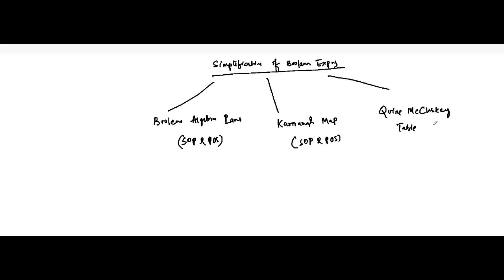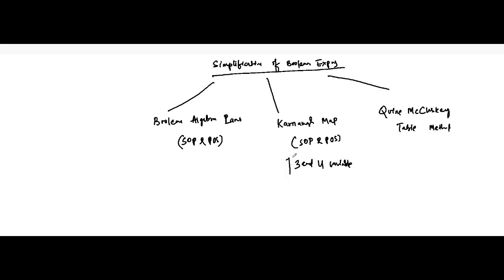Okay, this is the method which we'll discuss. So why this method? See, Karnaugh map or K-map is a convenient and economical method when it comes to 3 and 4 variable Boolean expressions.